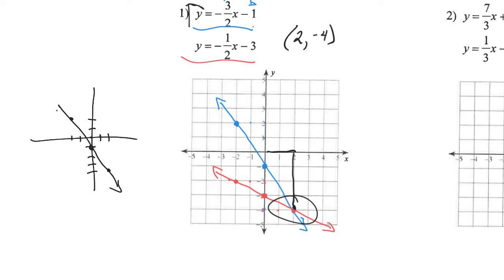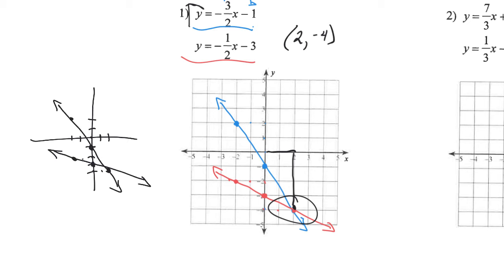And so there's the first line. And then the second line, I'm going to start at -3. So 1, 2, 3. And then I'm going to go down 1 and right 2. Up 1, left 2. There's the second line.